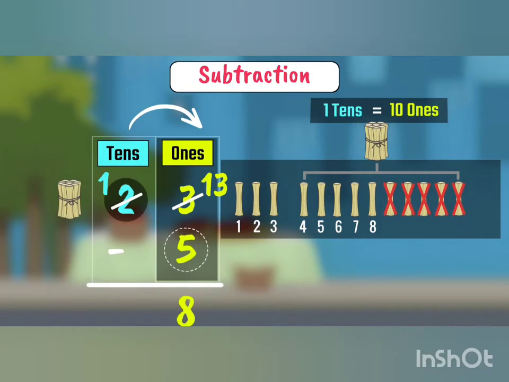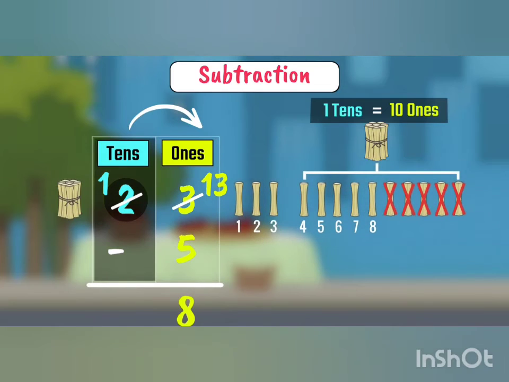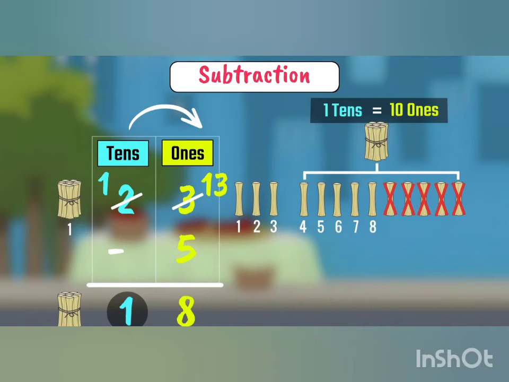Now observe the tens column. Here at tens column, only 1 tens is left and there is no other number from which we can subtract 1 tens. So we will write the same number here and our answer will be, yes, 1 tens plus 8 ones equals 18.